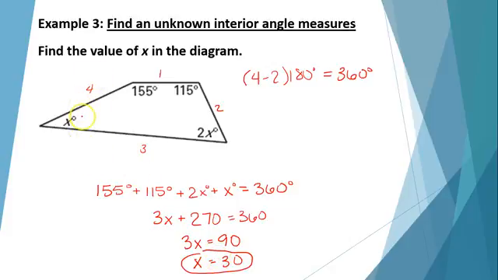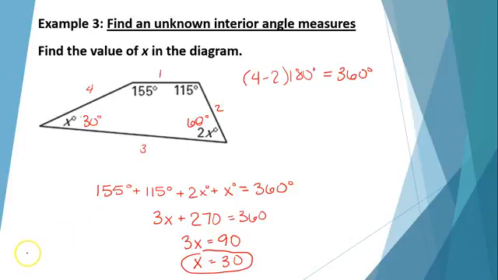So this angle would simply be 30 degrees. And this one over here, 2 times x, so 2 times 30, would end up being 60 degrees. So you found all other angle measurements in your polygon, and that's in some cases what you may be asked to do in a homework question.